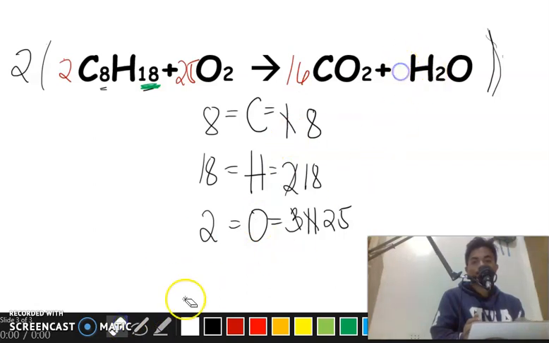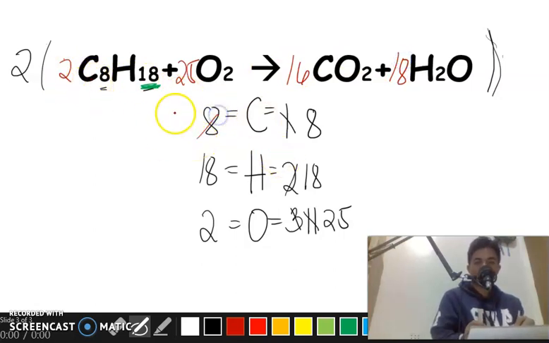Instead of using 9, you will use 18. Okay, so 2 times 8, that's going to be 16. 16 times 1, that's going to be 16. 16 times 2, that's going to be 32.